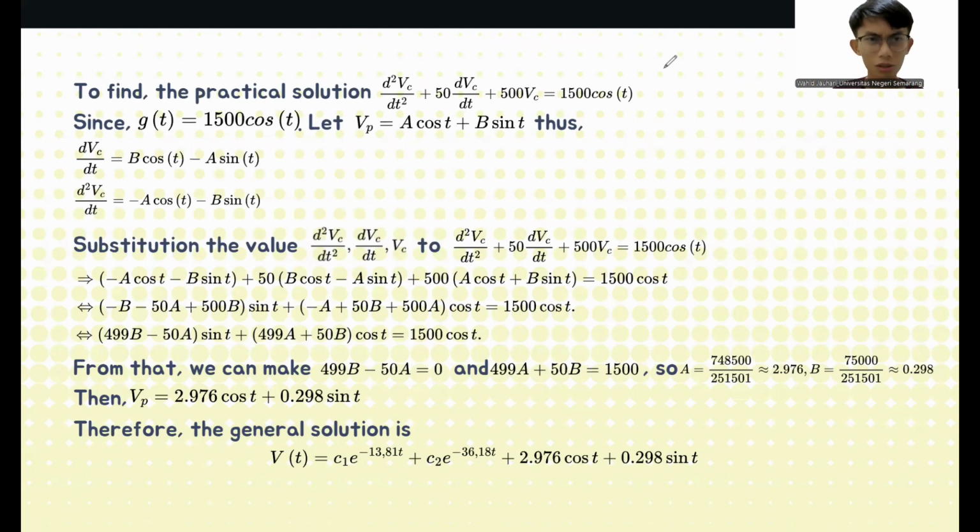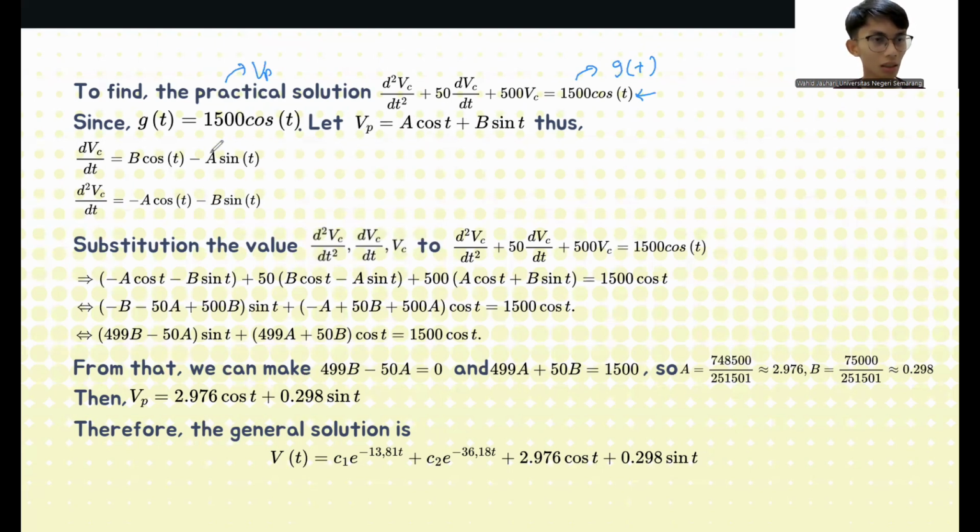Next, we will discuss how to find the particular solution, because the equation is non-homogeneous. For the particular solution, we suppose that Vp follows the form of the right-hand side, so Vp must be in the form of A cos t plus B sin t. So we will find the values of A and B.